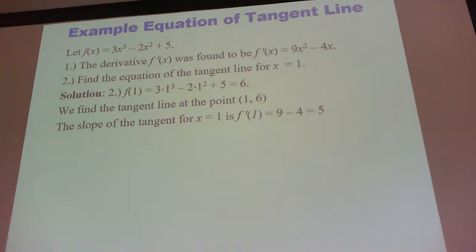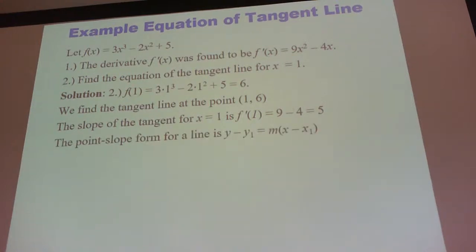In a quick review, we can use point-slope form: y minus y1 equals m times x minus x1. We plug in the point, 1 and 6, and we get the equation y equals 5x plus 1. That would be the equation of the tangent line when x is 1.